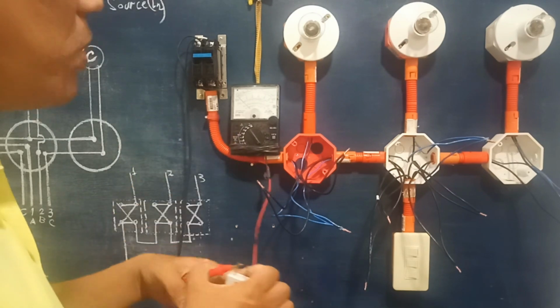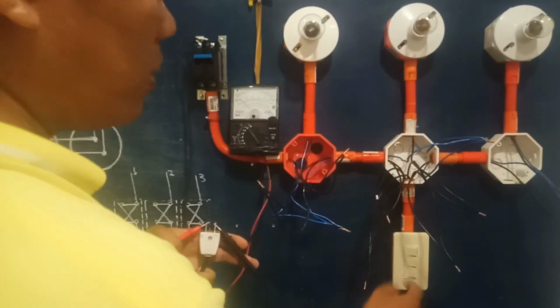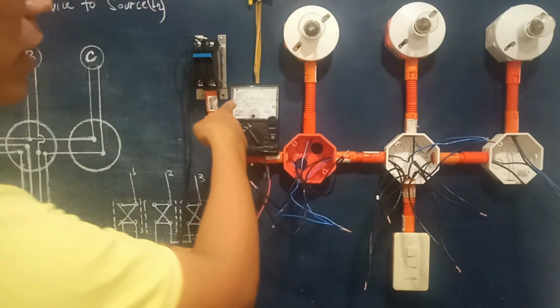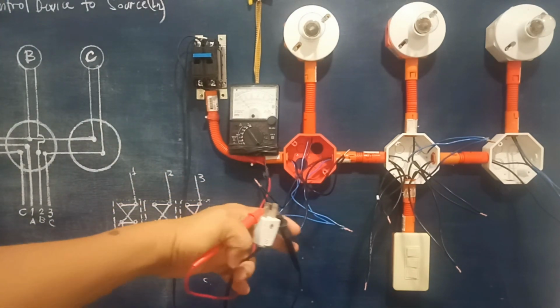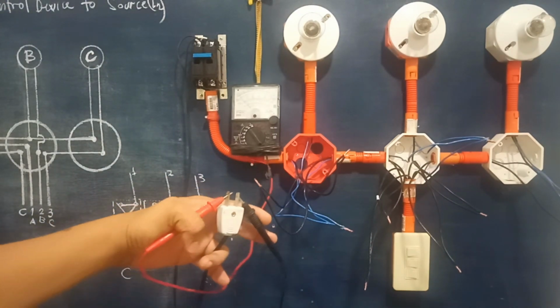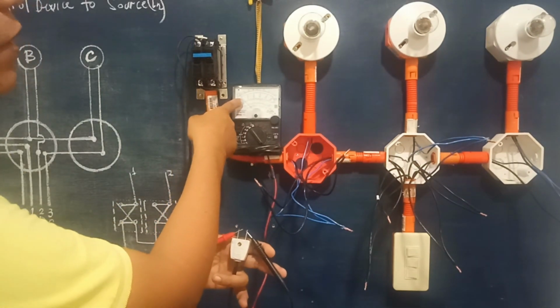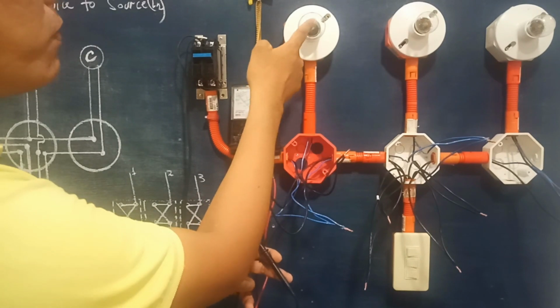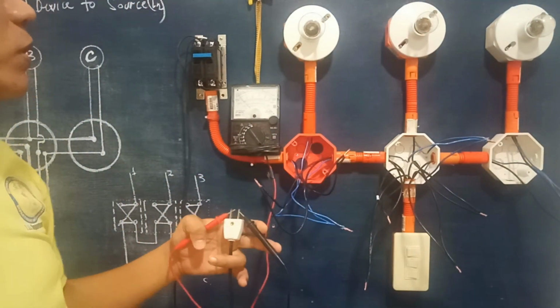Okay, so I'm gonna test for bulb A, this bulb here. There is an indicator on my multi-tester, meaning there is continuity, or there is a resistance reading coming from bulb A. So how are you going to notice that?